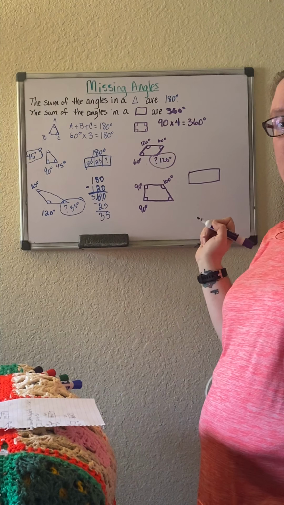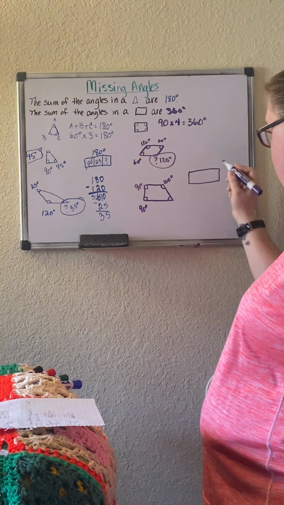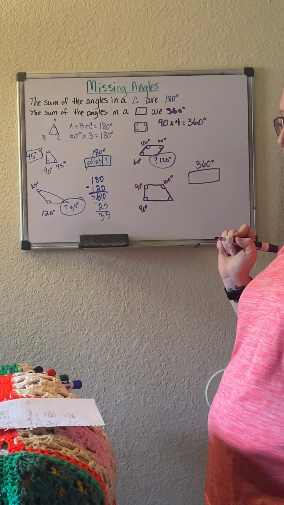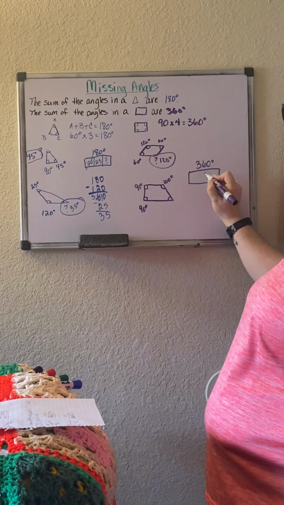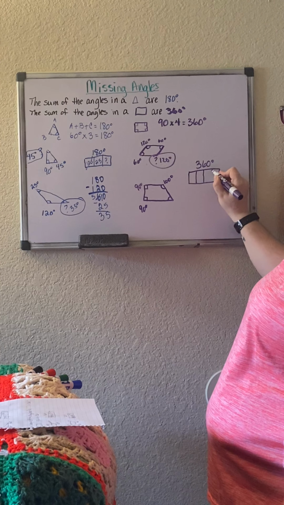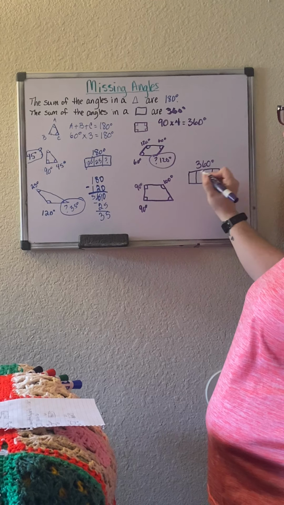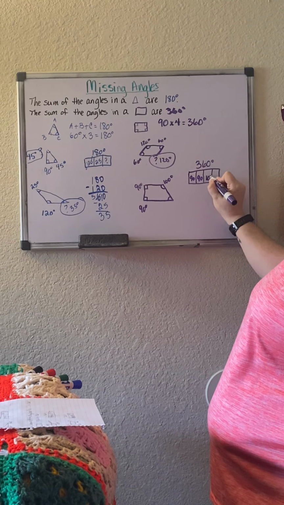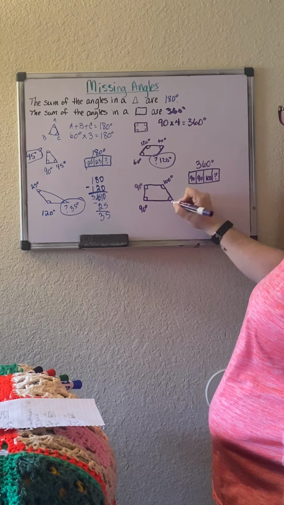What's my total? 360, because now it is a quadrilateral, which means I have 4 angles, so there are 4 pieces. So I have a 90, a 90, a 100, and an I don't know.